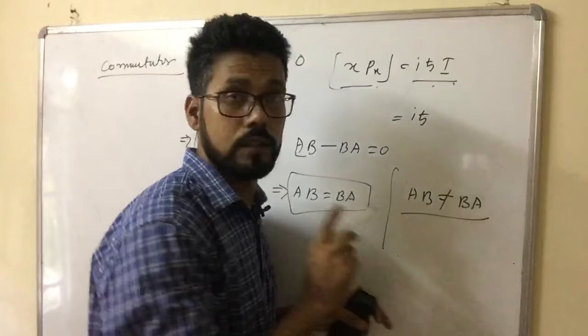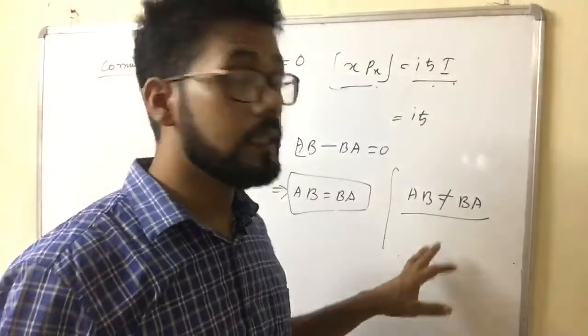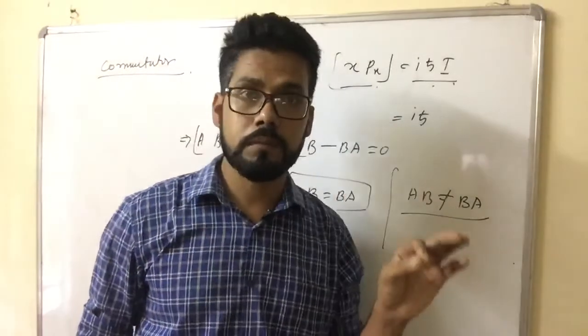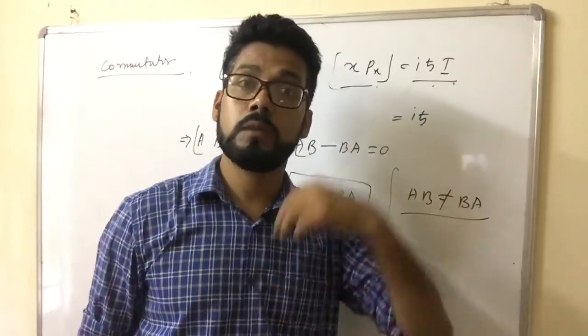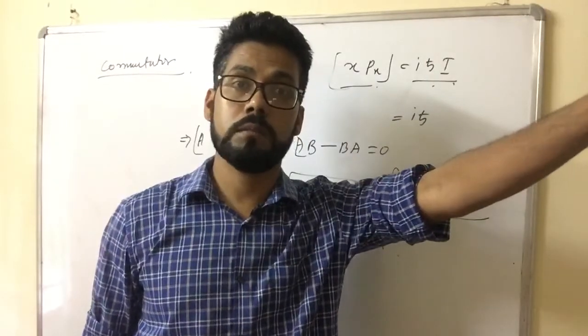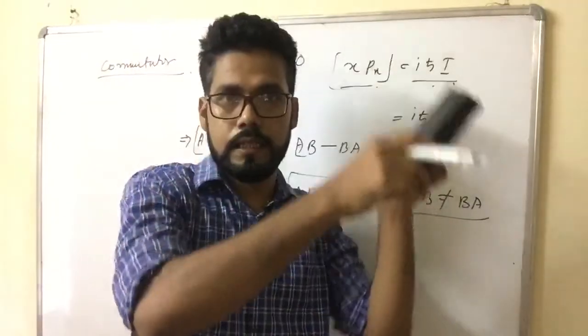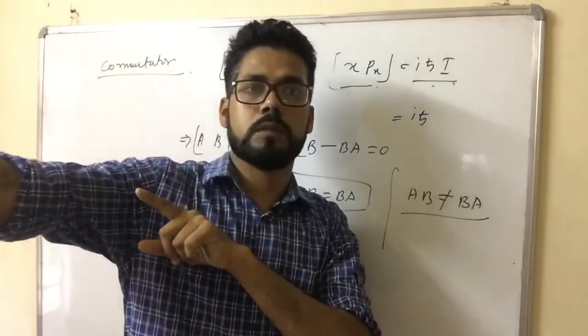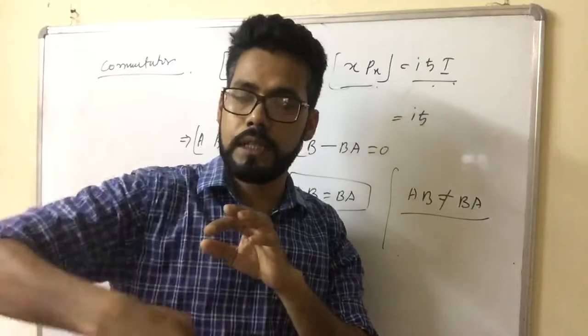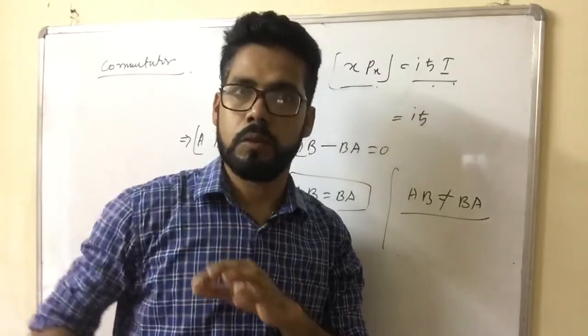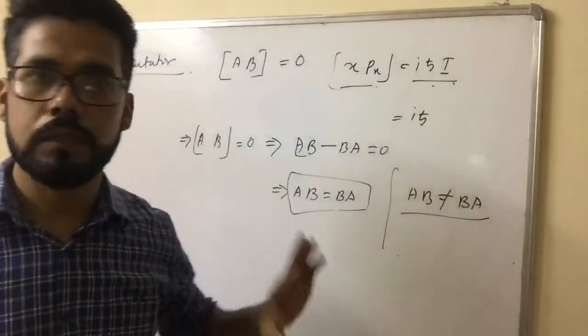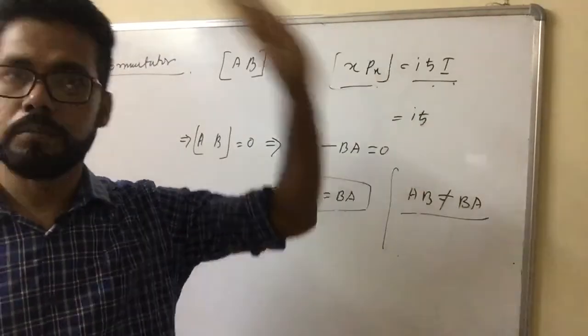It will be equal only if each element of A is equal to the corresponding element of B, every element must be equal. Otherwise, normally for matrix operators AB is not equal to BA.